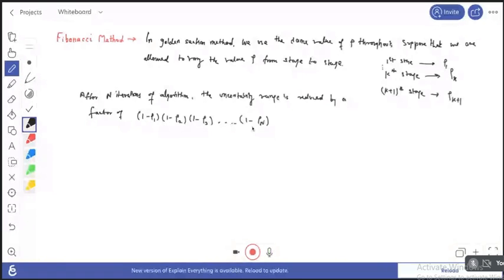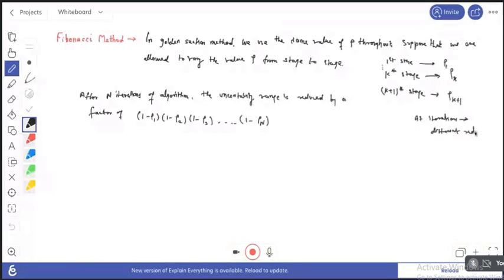Depending on this sequence, that is the values of rho 1, rho 2, rho 3, we get different reduction factors.